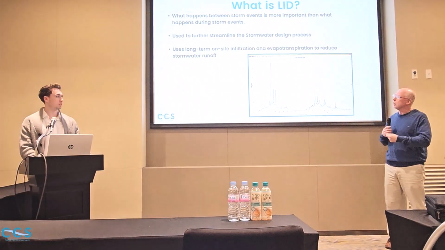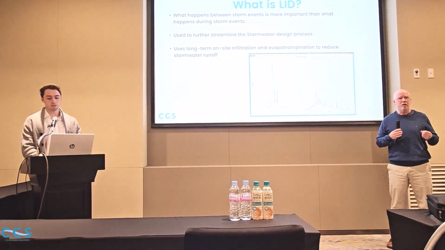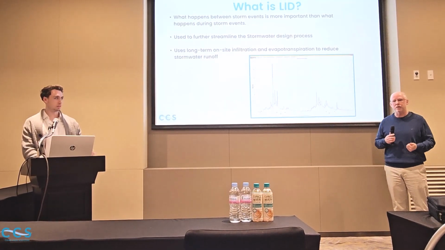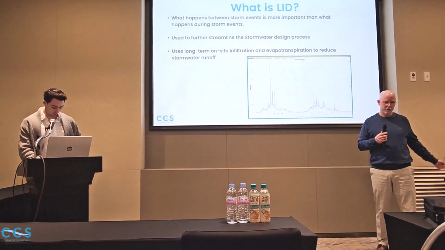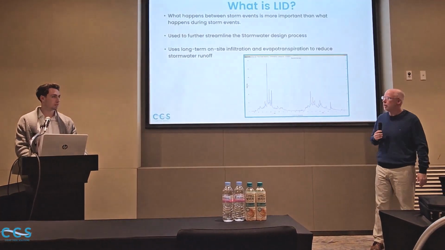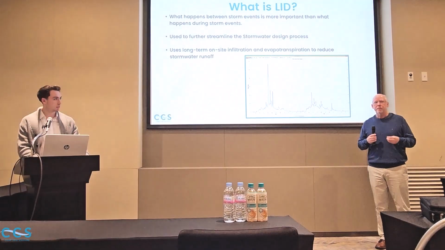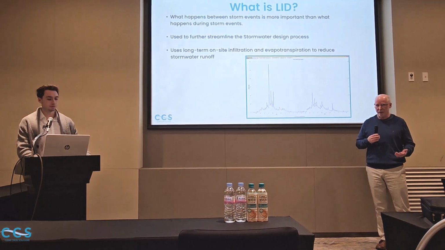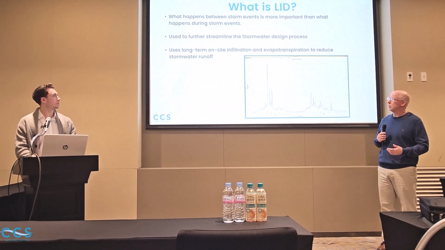And so when we model the LID, we need to make sure that we take all of that into account. And that's continuous simulation, which is HSPF, which Mark mentioned. Using that model, when we actually look at what happens during an event, it's much more accurate and you get a better idea of what's happening.